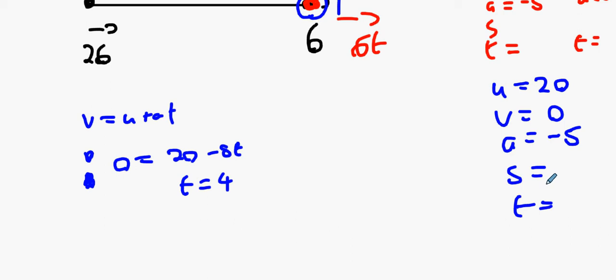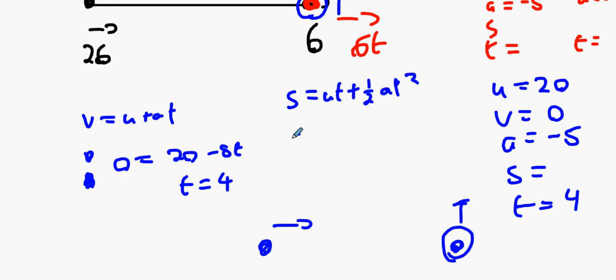Now, you've got to remember, it's not the distance each car covers, it's the distance one car covers relative to the other one. The tractor is considered stationary, so it's how much distance your car covers on your tractor. Alright? So we're just going to use s equals ut plus a half at squared.